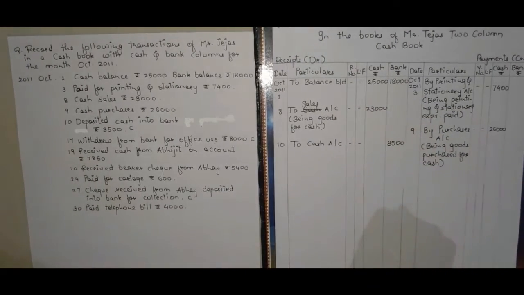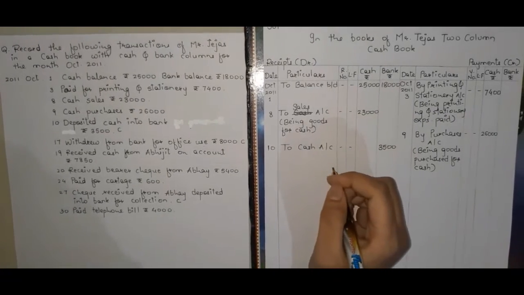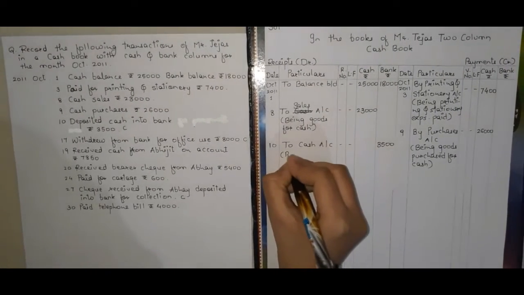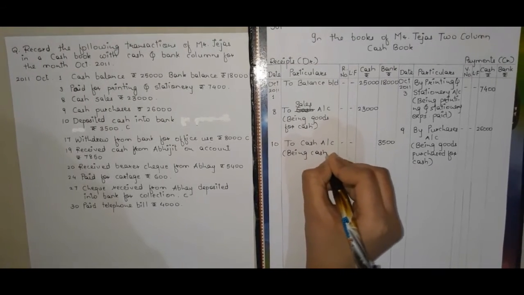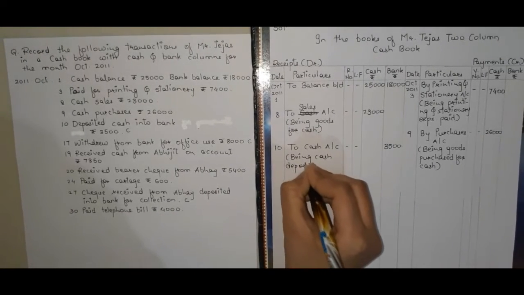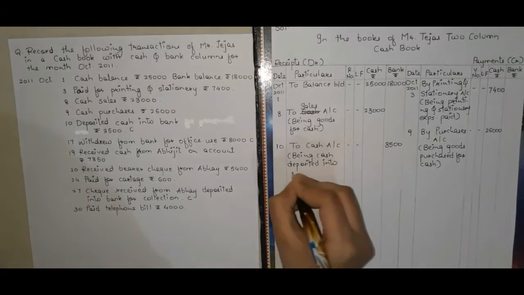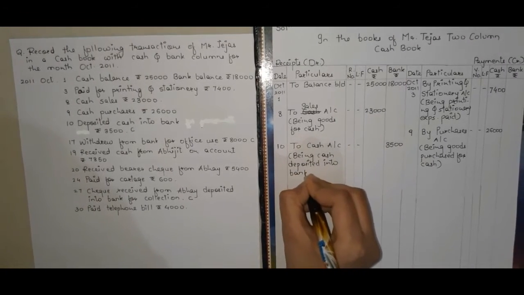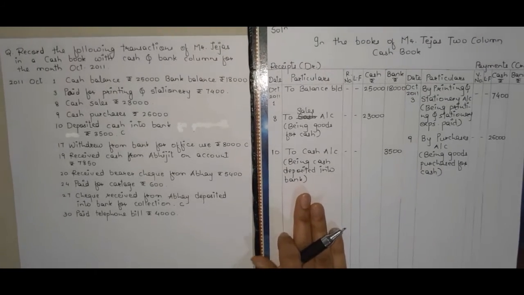500. Okay. Narration for this: being cash deposited into bank. Now I told you that this is a contra entry.